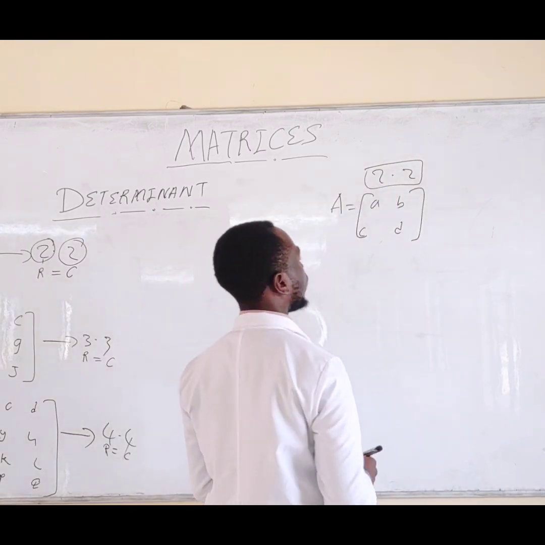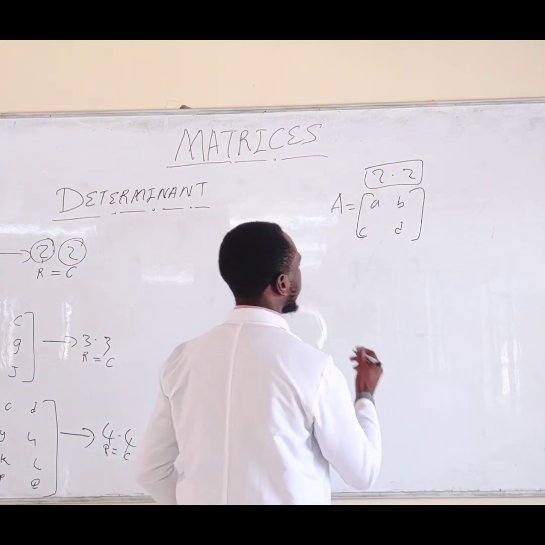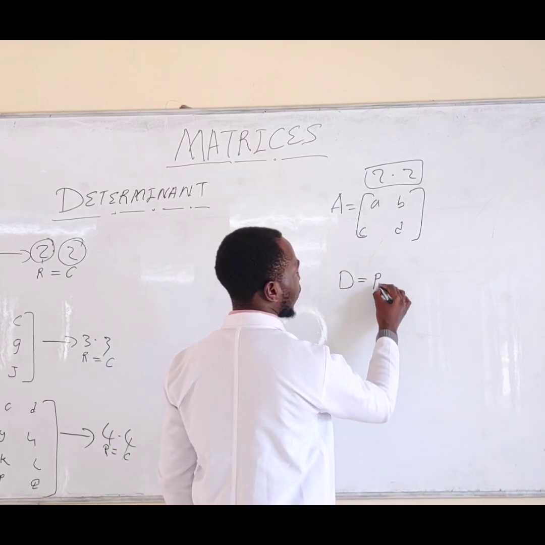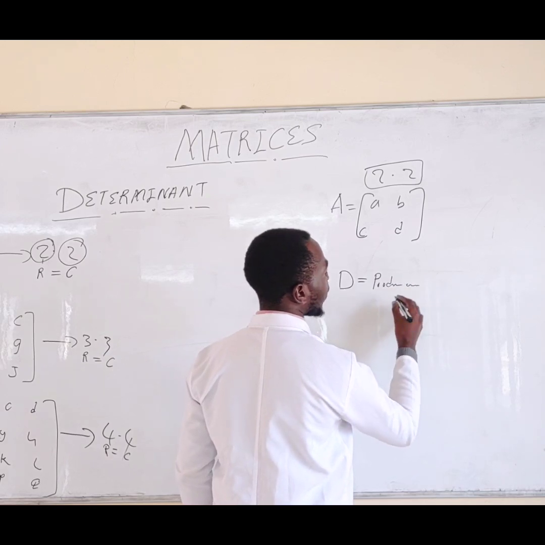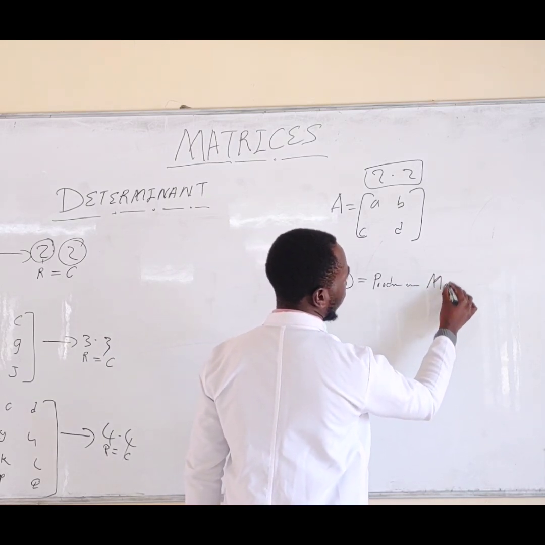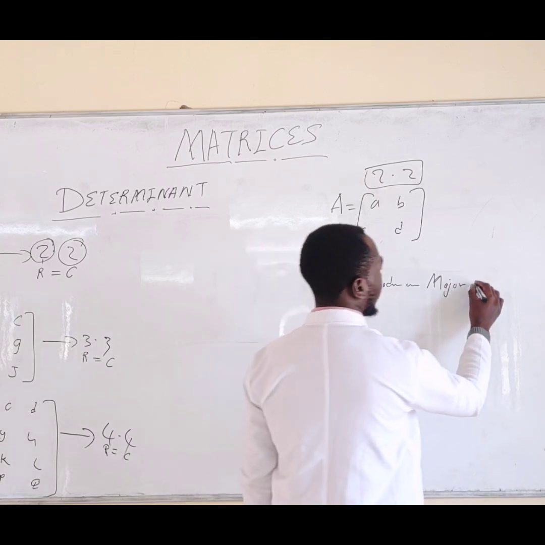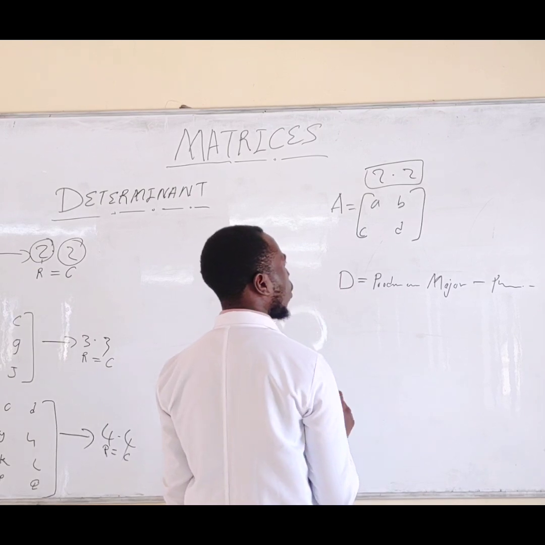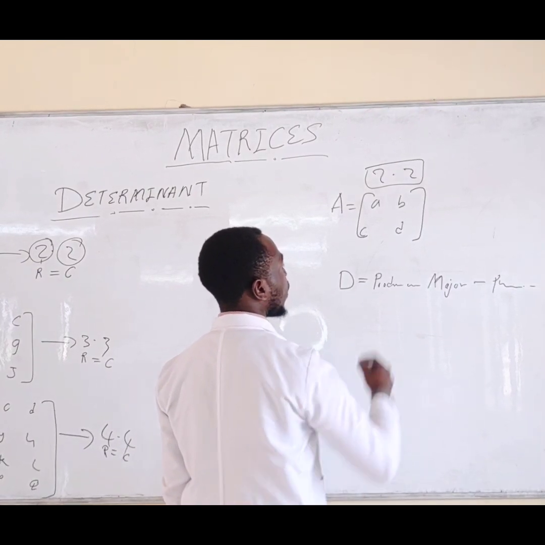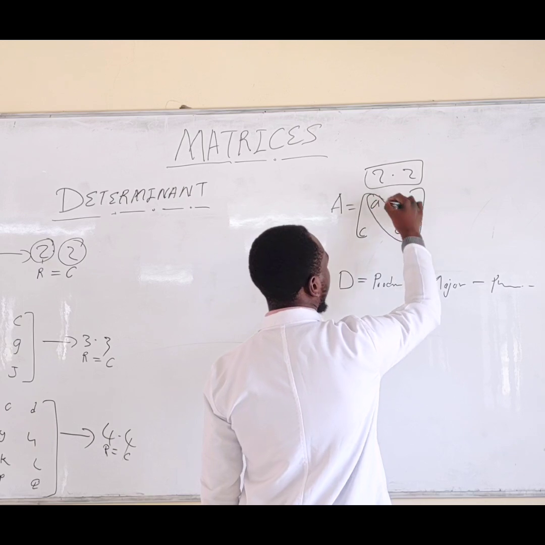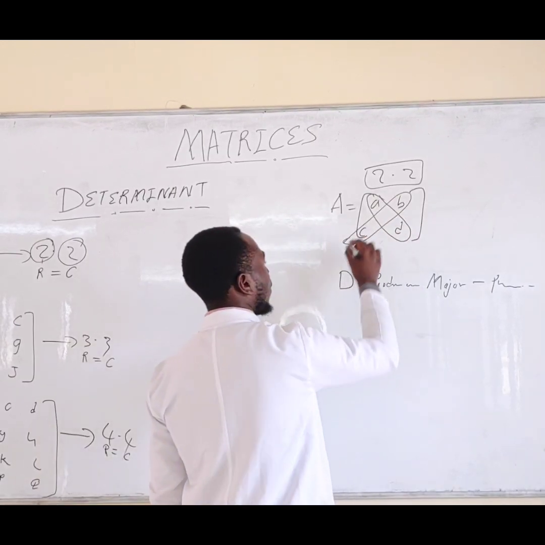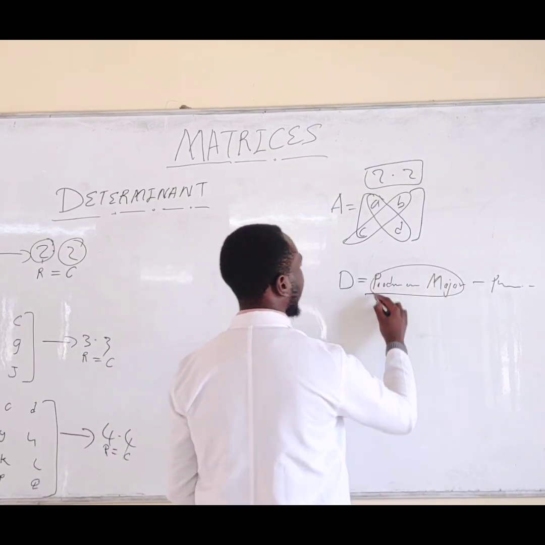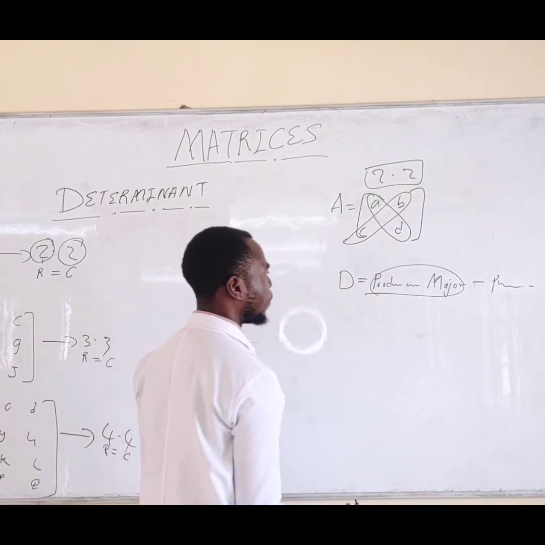To find the determinant of the 2 by 2 matrix, you are going to say the determinant is equal to the product of elements in the major diagonal minus the product of elements in the minor diagonal. This is what we call our major diagonal, and this is what we call our minor diagonal. So to find the determinant of this given matrix, just say the product of the major diagonal minus the product of the minor diagonal.